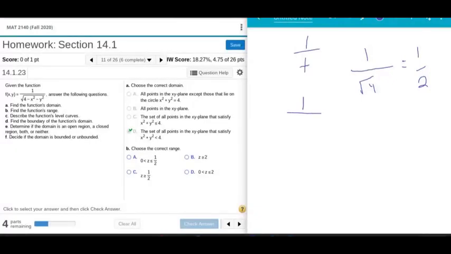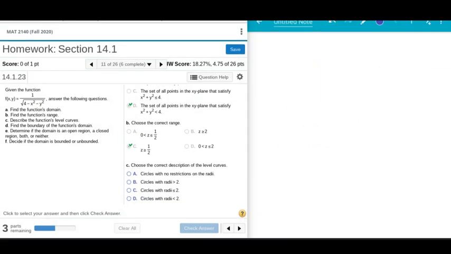Let me show you what I mean. Let's pick 1, comma 1. So this is going to be the square root of 4 minus 1 squared minus 1 squared, which is 1 over the square root of 2. So 1 over the square root of 2 is actually greater than 1/2.